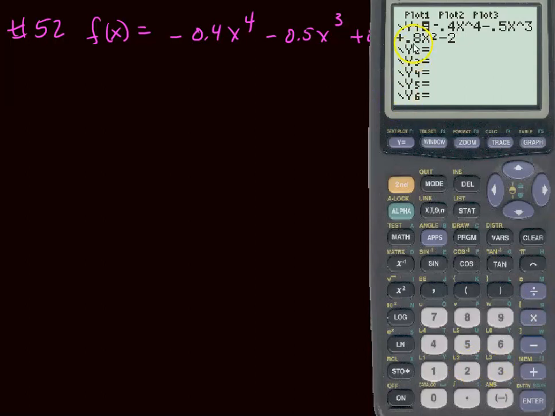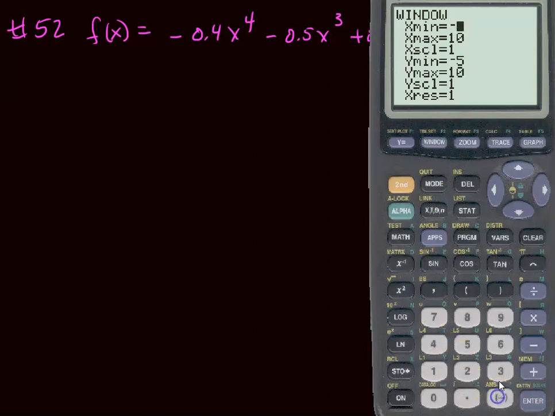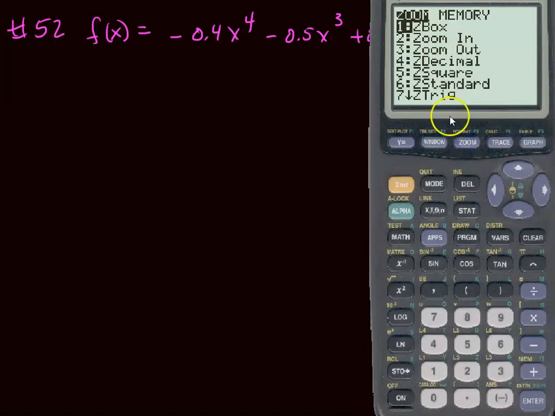So, we need to have the window go from a negative 3 to 2. And I guess we'll just count by ones. Once you get the x-min and x-max, x-scale doesn't really matter. Just want to make one that makes sense with your x-min, x-max. Once you get the x-min and x-max selected, you can use a zoom feature.